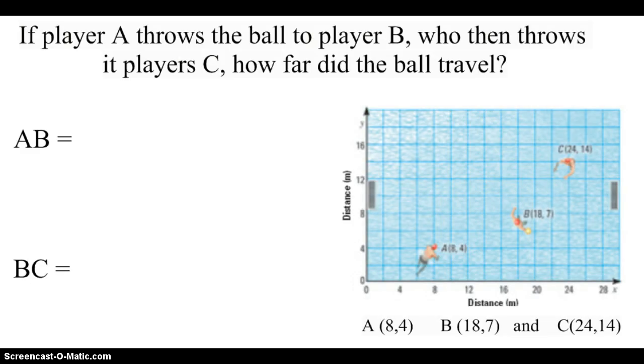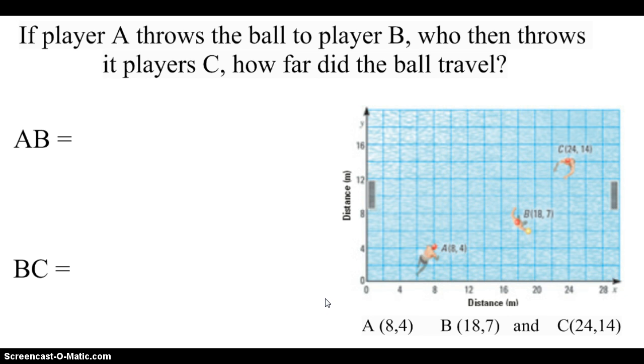Okay, on this problem, it's nothing harder than using the distance formula. The only problem is sometimes they become tedious because you have to do the distance formula more than once. And in this problem, I tell you, if player A, which is down here, and if you can't see the numbers, it's 8, 4, throws the ball to B, B throws the ball to guy C, here's B and C. So I want to know how far the ball traveled.